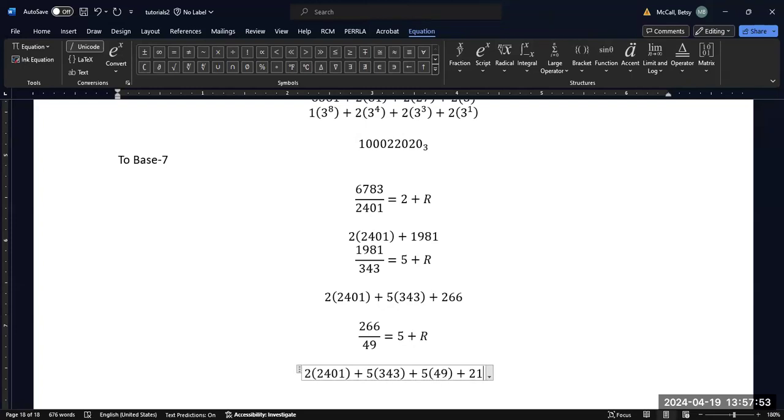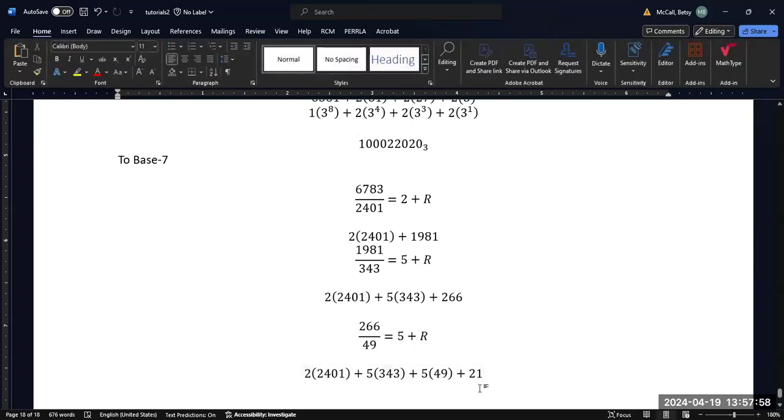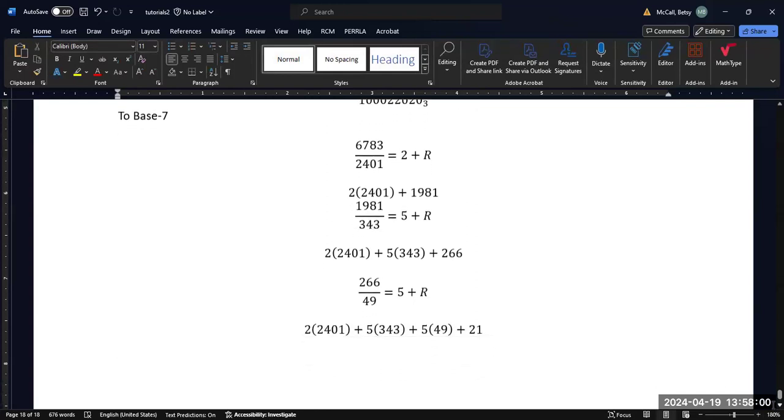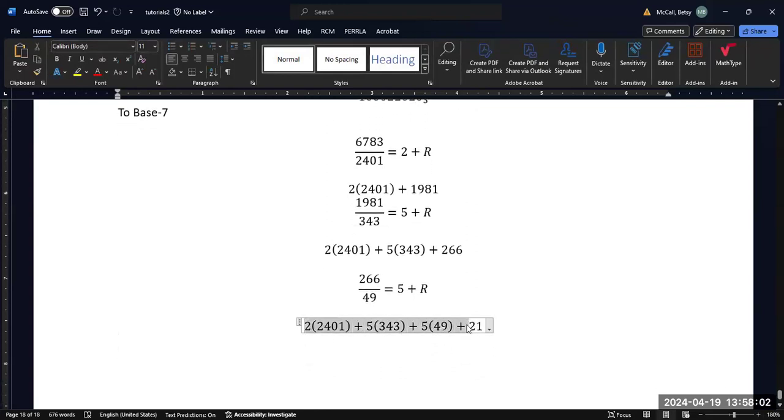How many times, the next power is 7. How many times does 7 go into this? 7 goes into this exactly 3 times. And then I have no constants. So again, keep in mind, this is our 7 to the 4th, 7 cubed, 7 squared, 7 to the 1, and the 0 at the end, the constant, the last remainder is 7 to the 0.